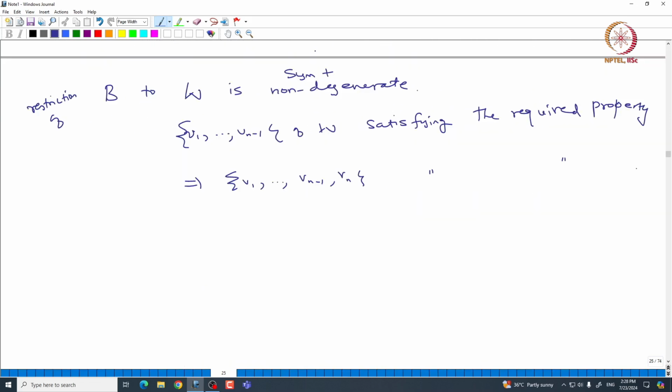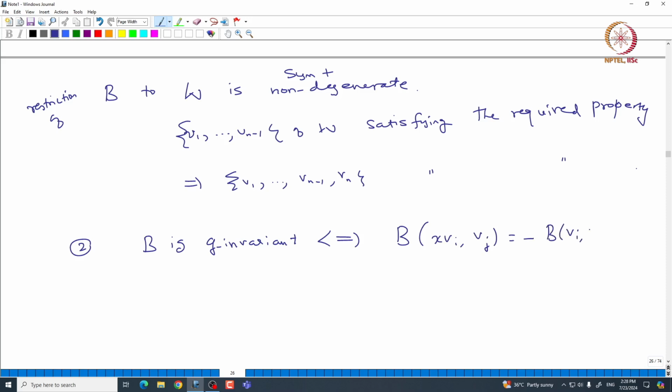B being G invariant. By definition, we can write that in terms of the basis elements, the basis that we just fixed from the first statement. So, if we take B(xVi,Vj), this is going to be exactly minus B(Vi,xVj).